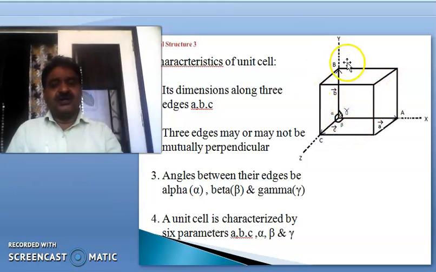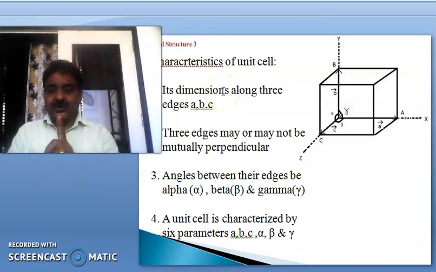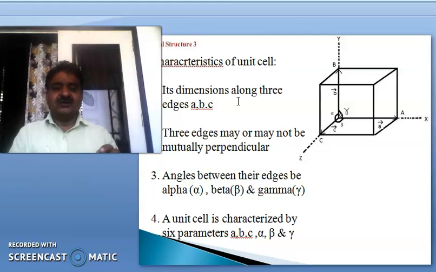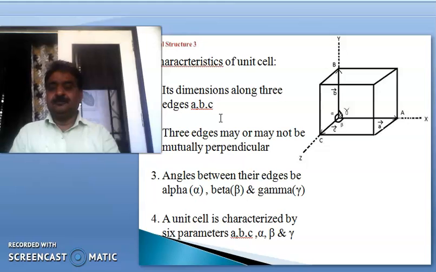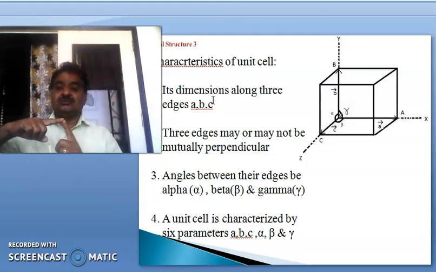Once you observe the figure, then you will come to know easily. Now let us turn toward the various characteristics. First one is what? Its dimensions along three edges are A, B, C, small a, small b, small c.